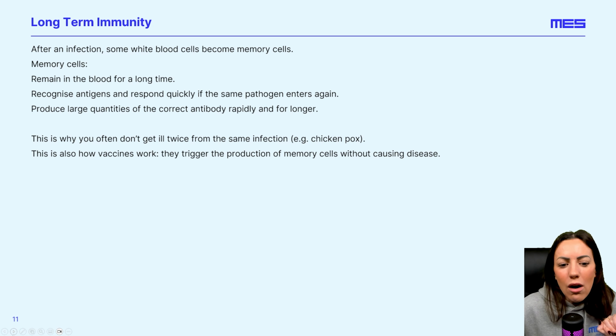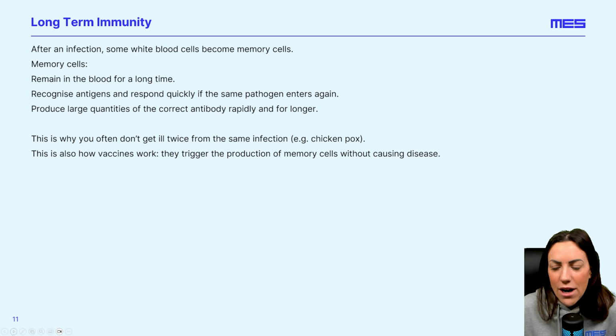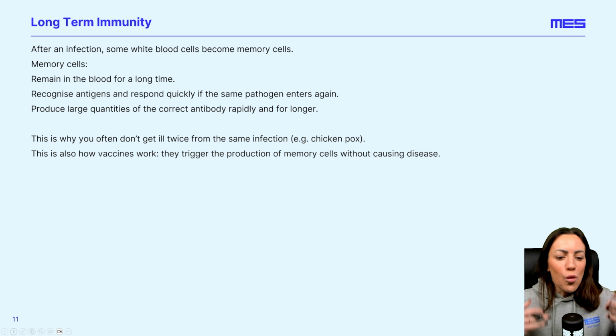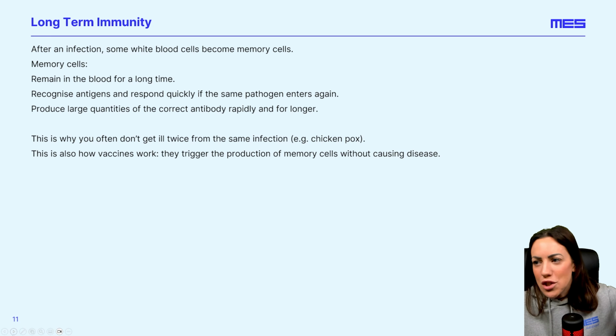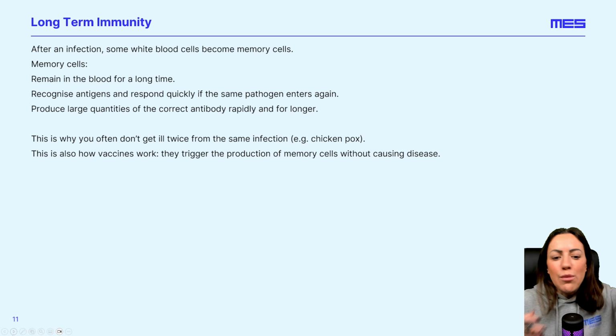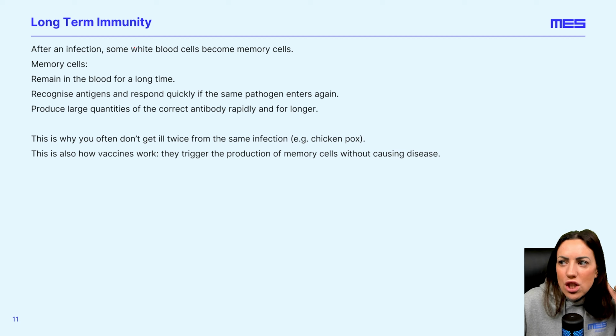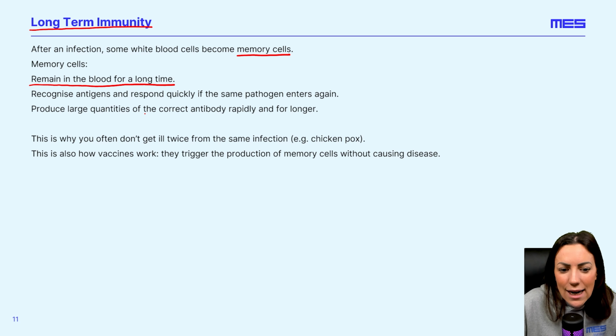Let's talk about long-term immunity. So after you've had an infection, right, after your white blood cells have engulfed and destroyed or produced antibodies or antitoxins, some white blood cells can become memory cells. Now, memory cells give us long-term immunity, because memory cells are a type of white blood cell that will remain in your bloodstream for a long time.